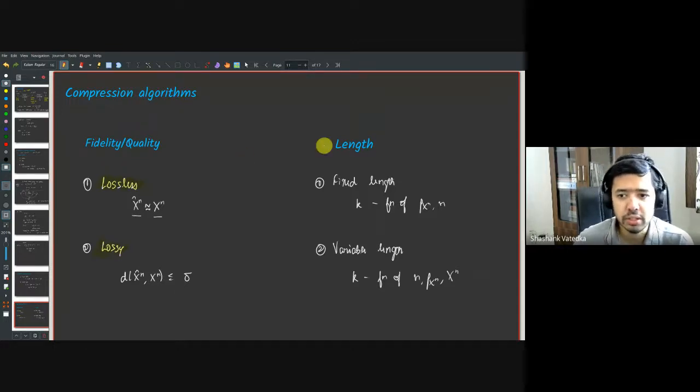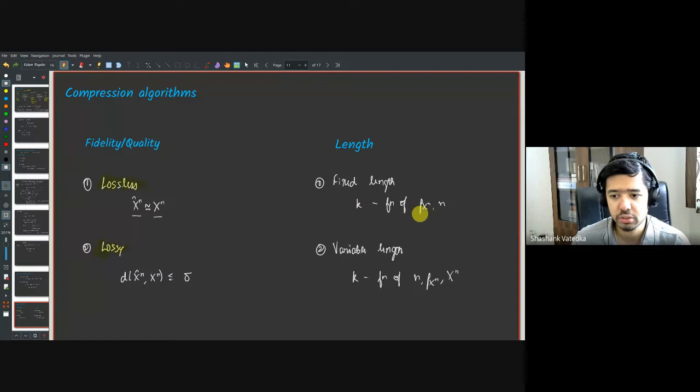Now, depending on the length of the compressed sequence, we can further classify compression algorithms into fixed length and variable length compressors. Fixed length compressors are those for which the size of the compressed file, or the length of the compressed sequence, k, is only a function of n, the size of the original file, and the distribution of X^n, so P_{X^n}.